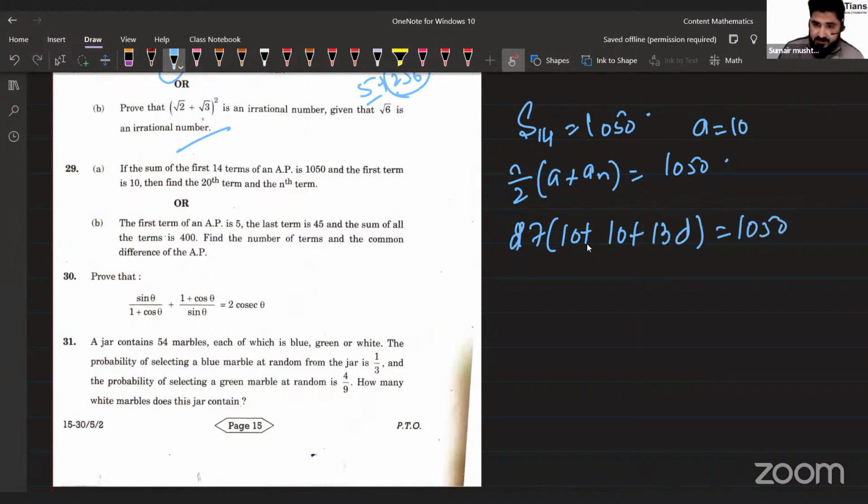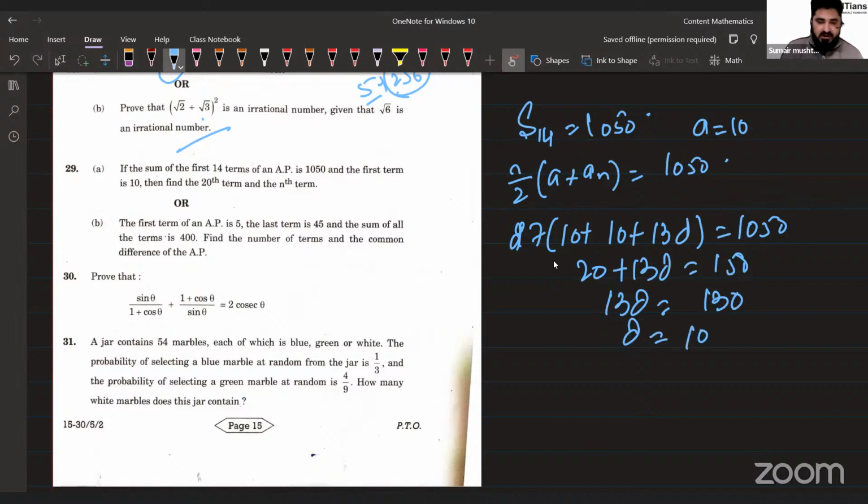So this will be 150. So 20 plus 13d is equal to 150 when 7 is divided. So 13d is equal to 130. So d is equal to 10.